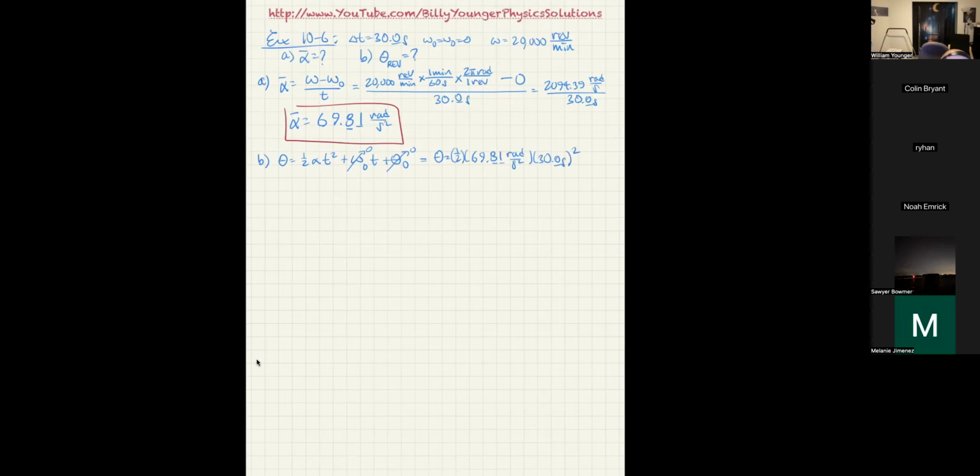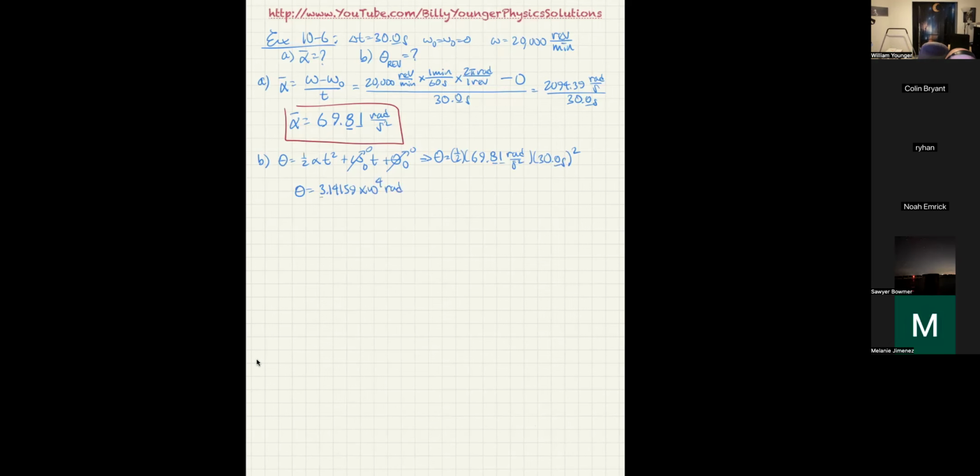And this is going to give me theta equals a certain number of radians. That's 0.5 times 30 times 30, and that gives me pi times 10 to the fourth. So that's 3.14159 times 10 to the fourth, and that just comes out in radians.